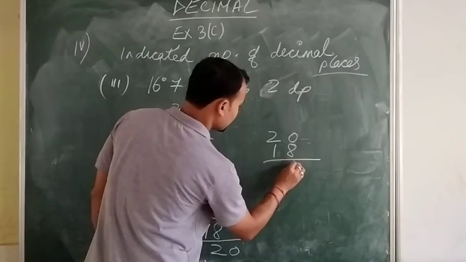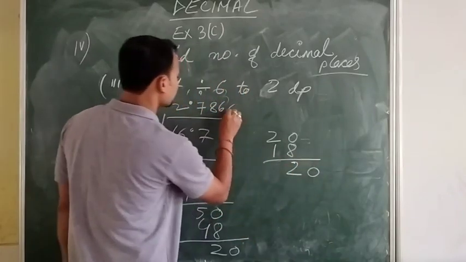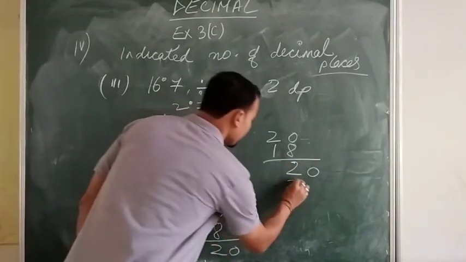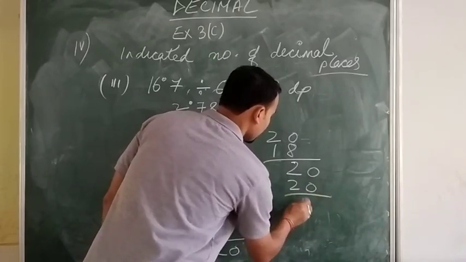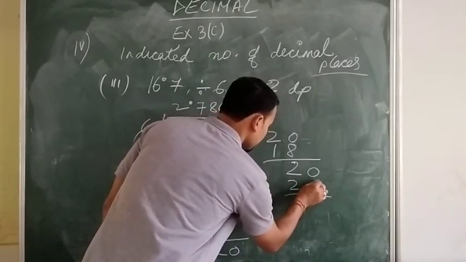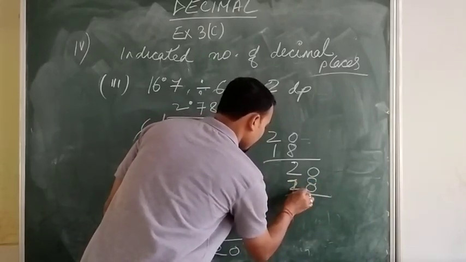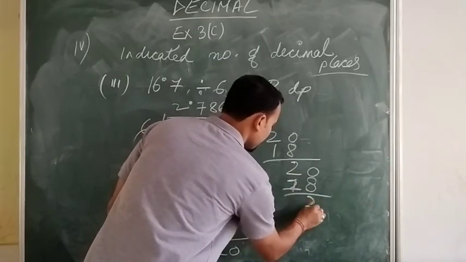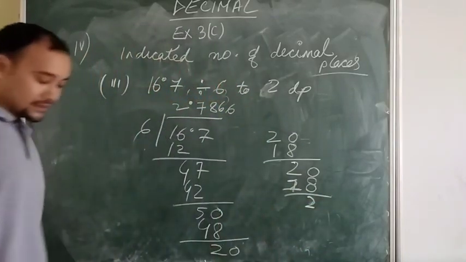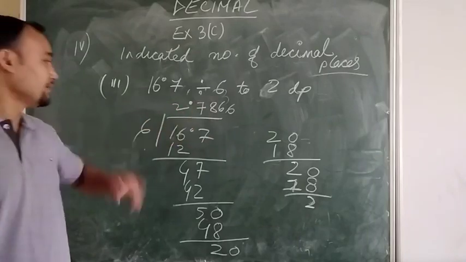Again 20, again 6. We will continue on. Sorry, it is 18. Again 20, to continue. Now we have arrived here.